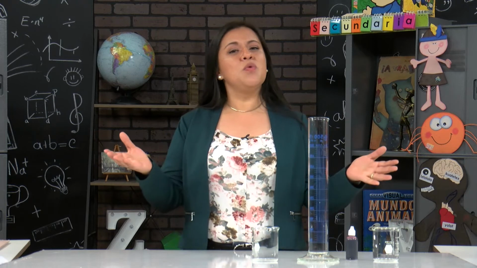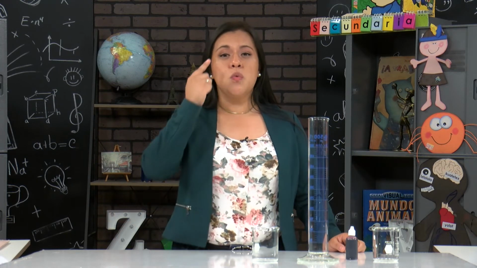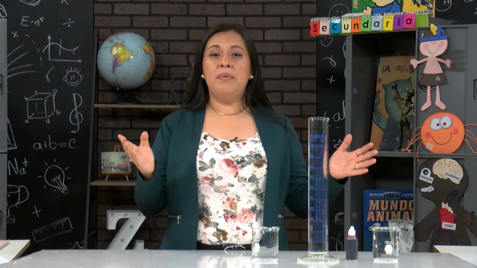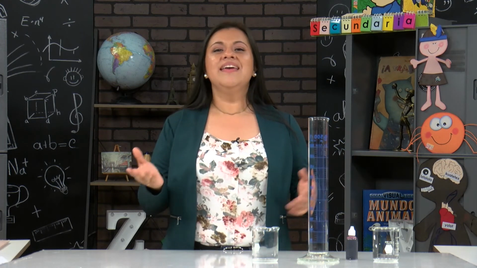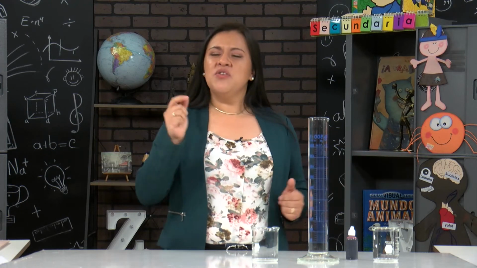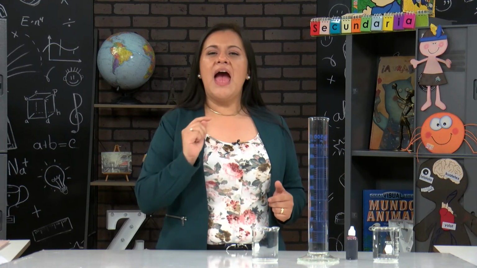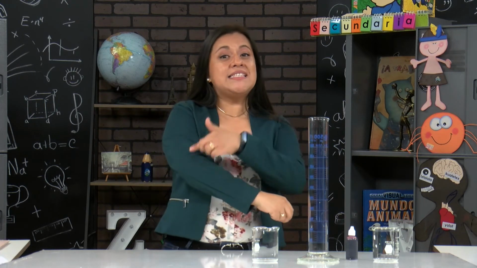Now, it's time to evaluate what you have learned, students. We are going to watch the following video where you are going to play a game. Yes, students, we are going to play a game about a frog. Do you know what a frog is? No? Okay, a frog is an animal that jumps and it's green.